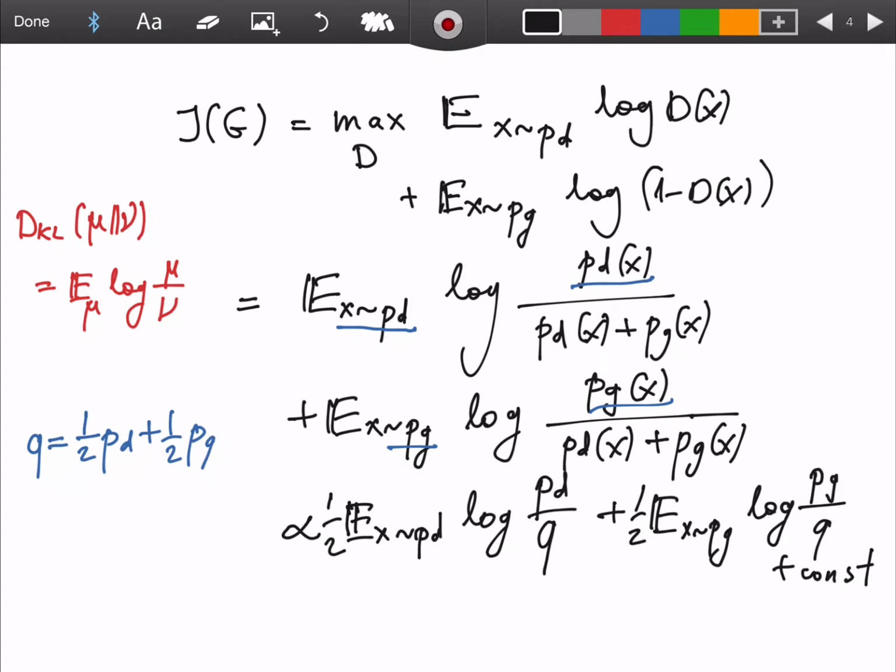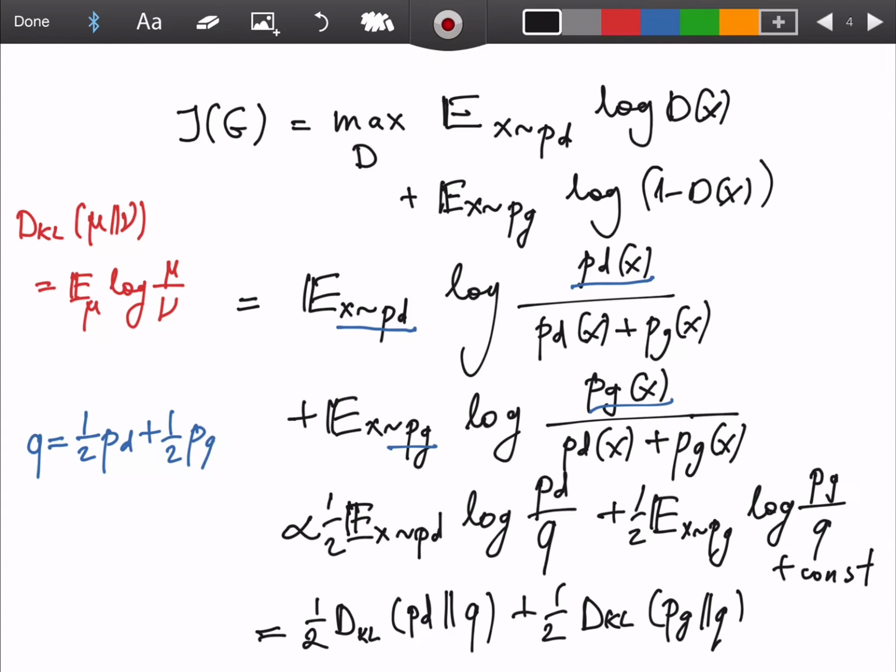Basically what we have here is 1/2 Kullback-Leibler divergence between PD and Q plus 1/2 Kullback-Leibler divergence between PG and Q plus some constant.